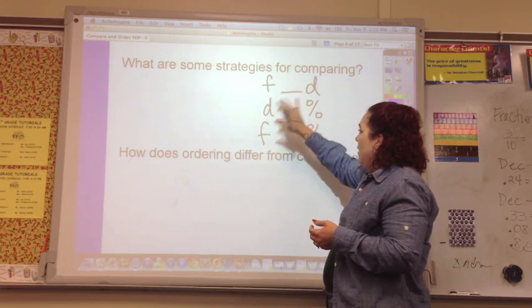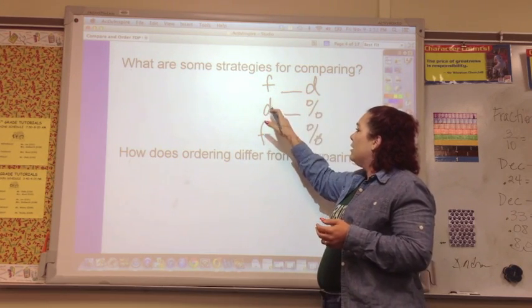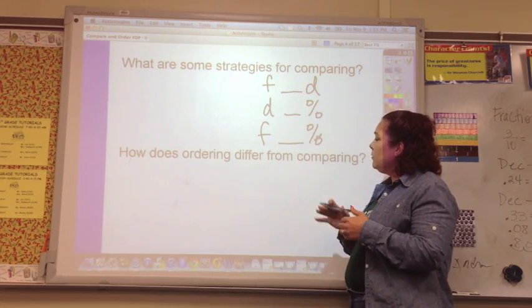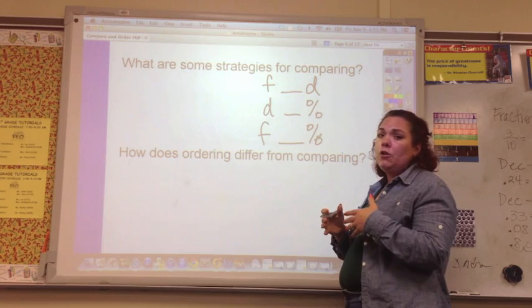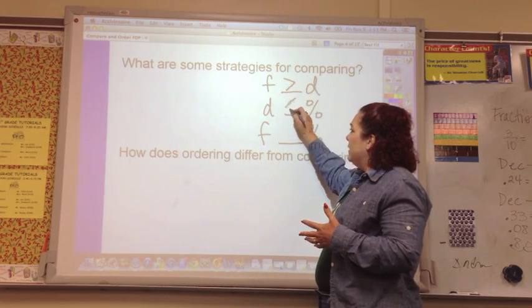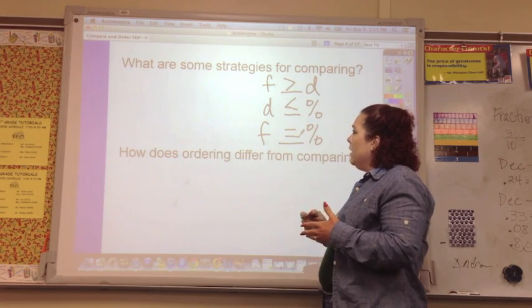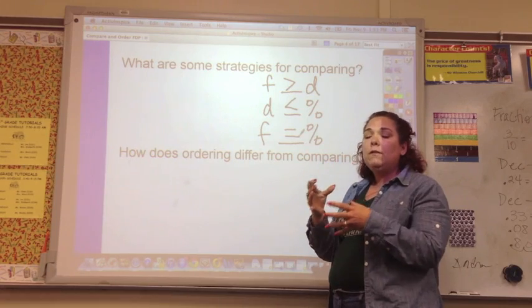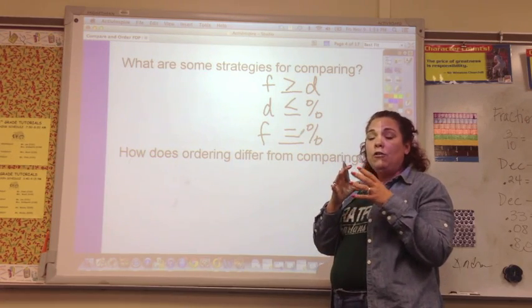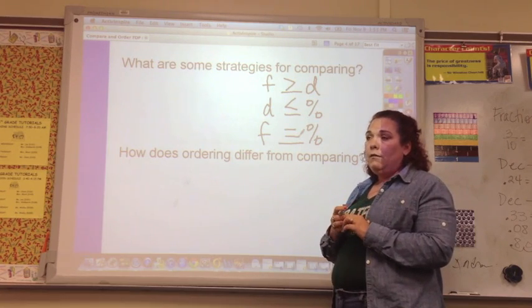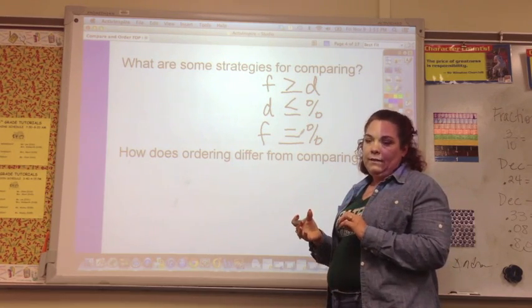You're comparing, and backwards, decimal to fraction, decimal to percent, fraction to percent. And so you're choosing greater than, less than, or equal to. And so it's always two things. You're given two things to compare, and you're being asked, is it bigger, is it smaller? Is it greater, is it less?